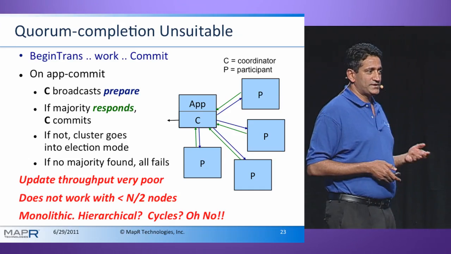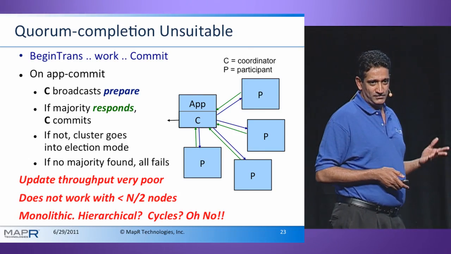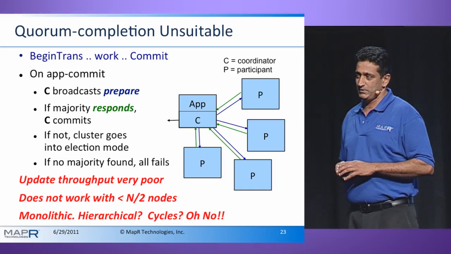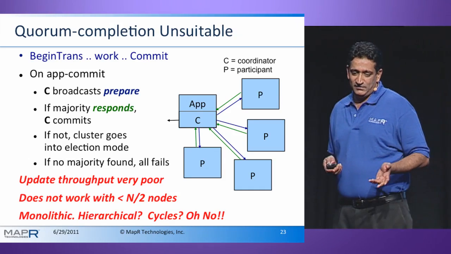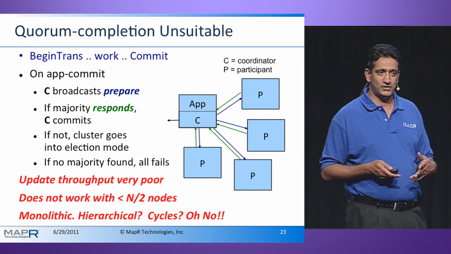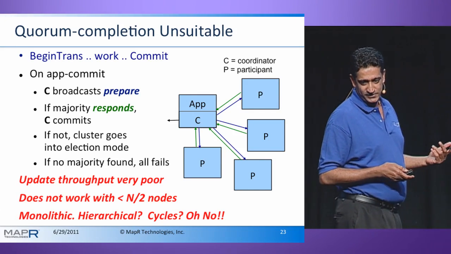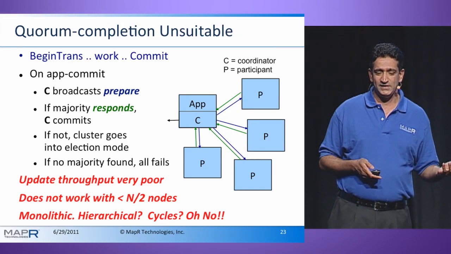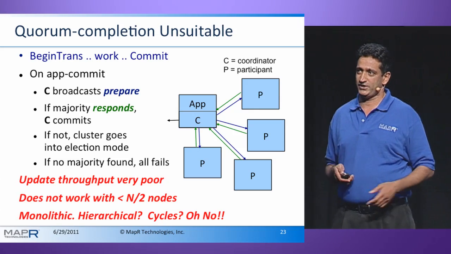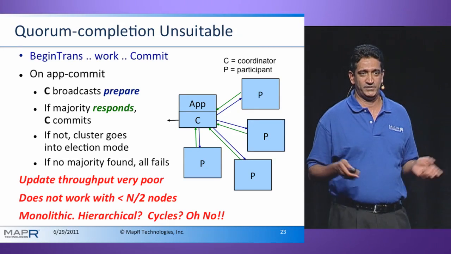The other thing we looked at was what ZooKeeper and other Paxos or quorum completion things use, which is a quorum completion protocol. It's similar, but when the commit happens, there's a broadcast done by the coordinator to all the participants. The participants reply. If a majority replies, then the transaction is committed. Otherwise, you go into election mode, and if you can't find a majority, you're pretty much dead in the water.